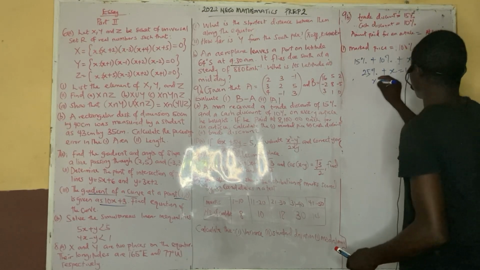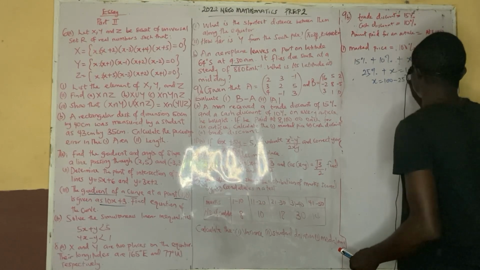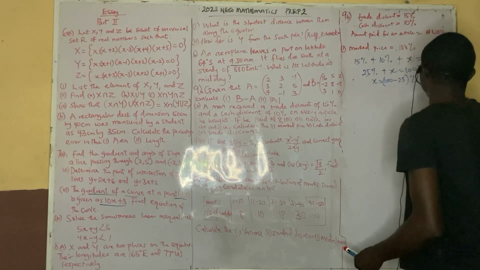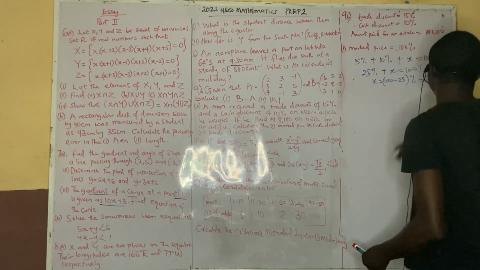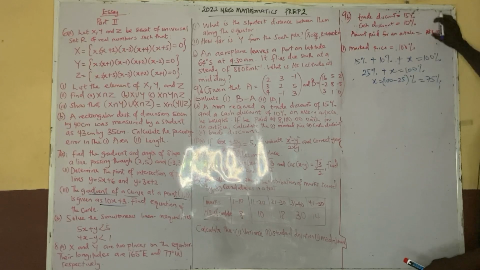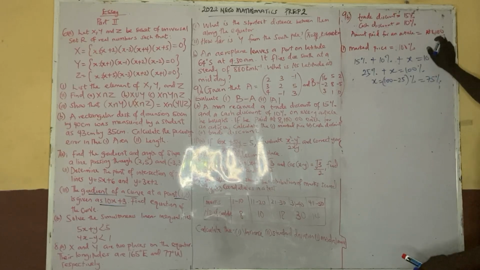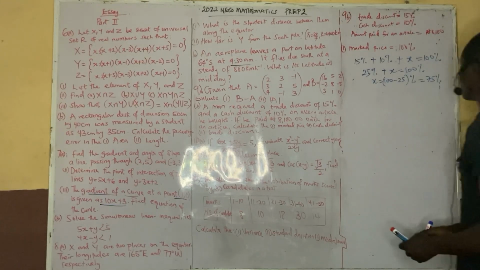So X equals 100 minus 25 percent. So we have 75 percent. Meaning the percentage for the amount paid is 75%.